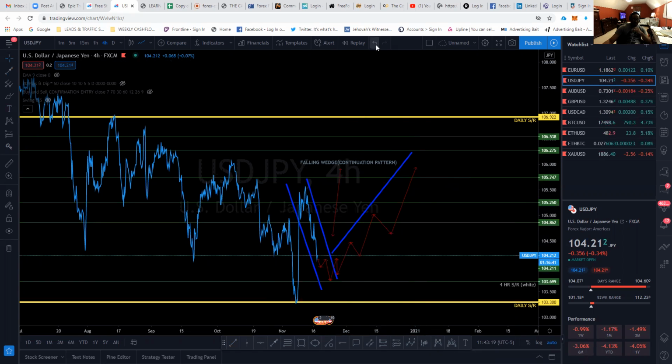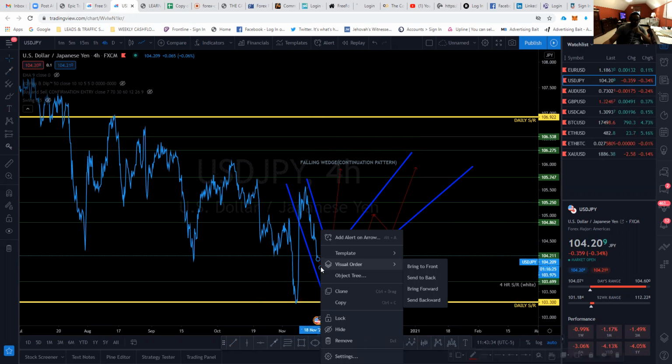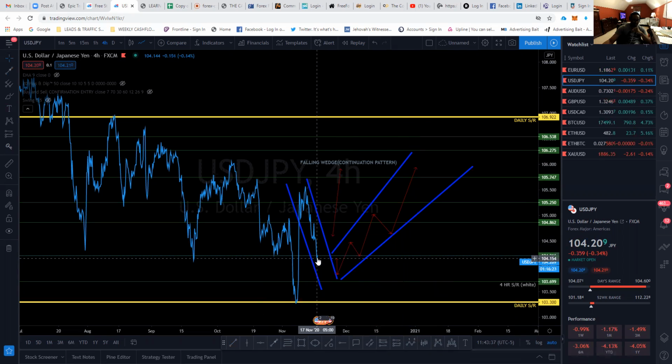I'm going to keep this because I can jump in when price goes in this direction later. But what I am going to do is erase this and this and this, because I'm going to try to scalp this if there are any more sells in this trend. But if not, then I'm going to set it up so I can enter either here or here. So we'll see. So we know that on the 4-hour time frame.